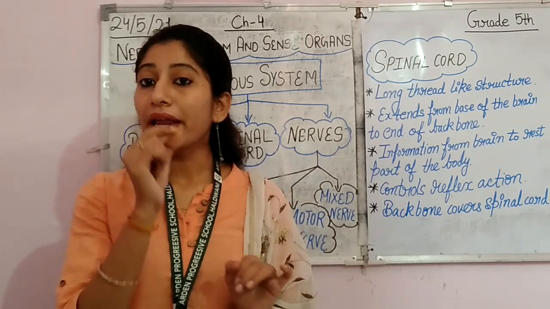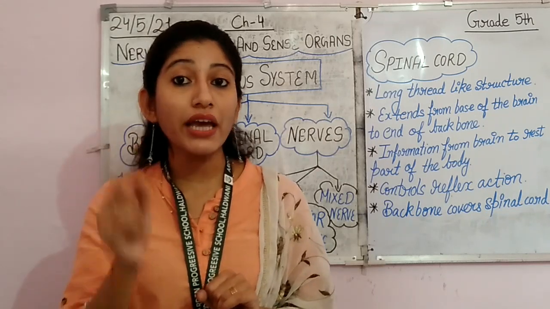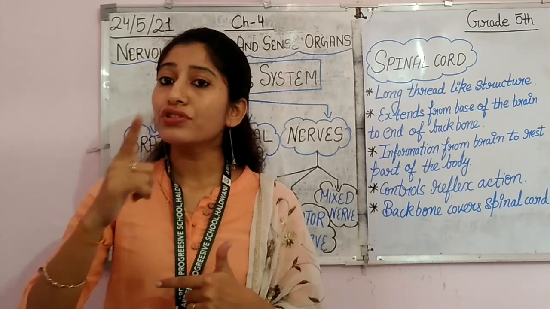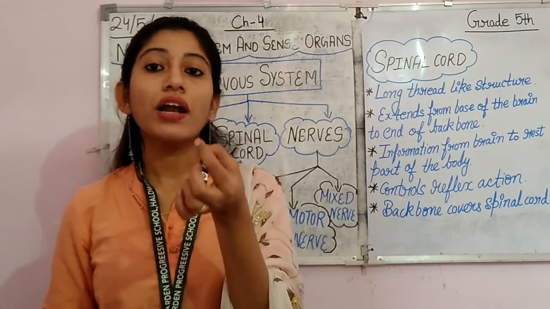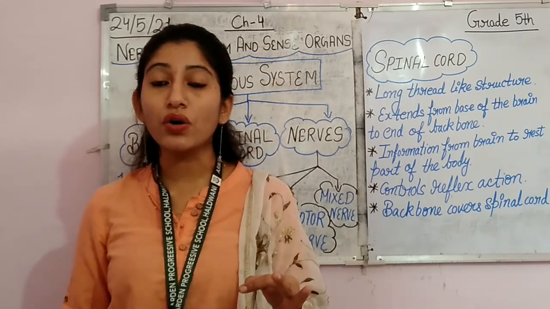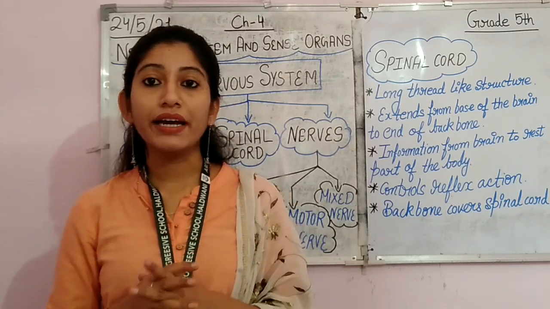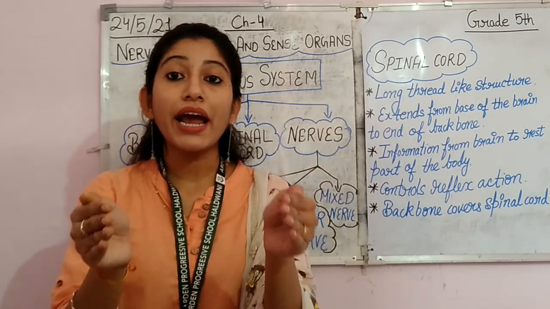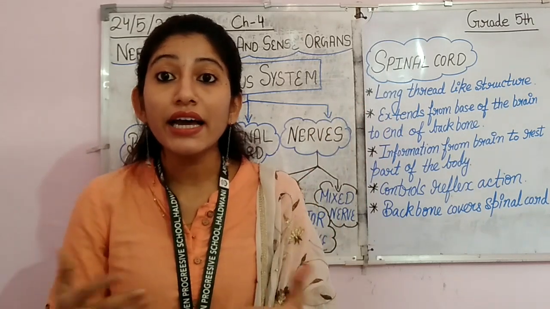Because see, the brain functions, the brain thinks. The property of the brain is to think. The brain will think, then it will decide. Now just think, if the brain takes seconds or a minute in thinking, and then sends a message through the spinal cord, and then action is taken in those seconds and minutes, if you keep your hand on the hot utensil, what will happen? आपका हाथ जल जाएगा.